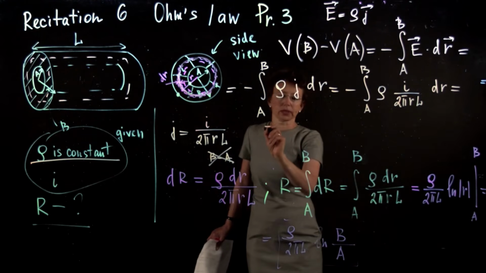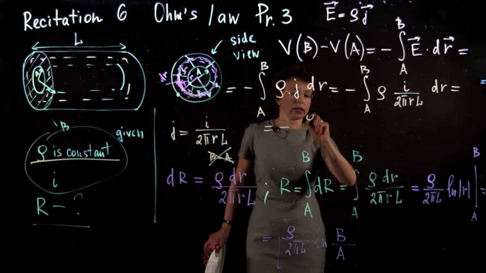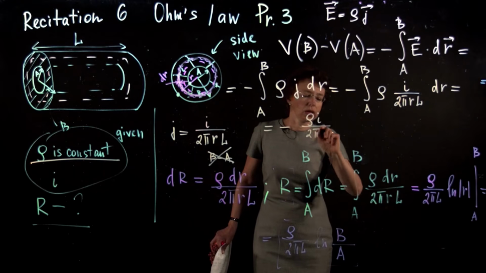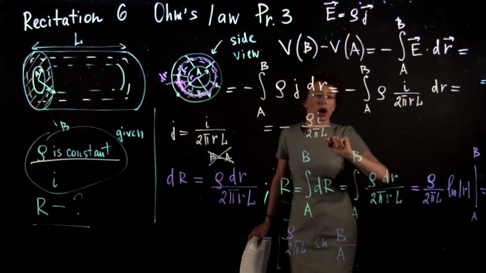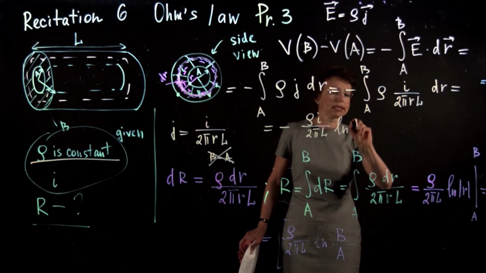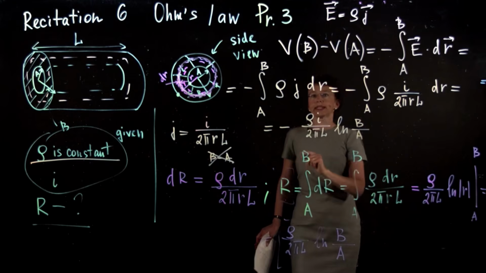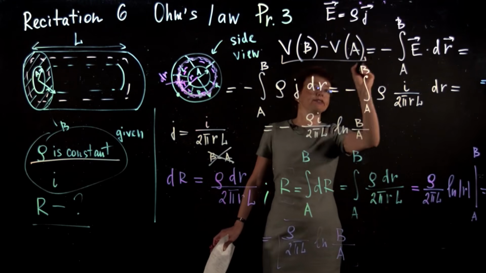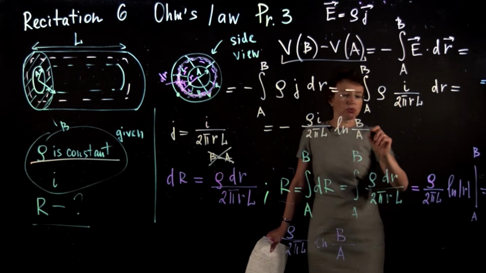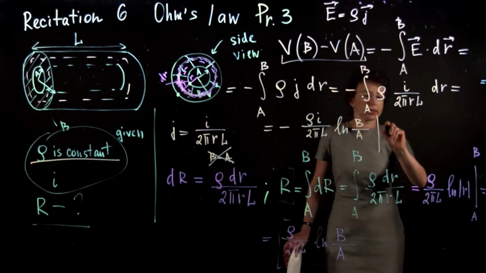Now we take this integral. It is minus rho I divided by 2 pi L. dr over r is a logarithmic function. I plug in the limits, b over a. This is delta V. And now all I need to find is R, the resistance. So what is the resistance?